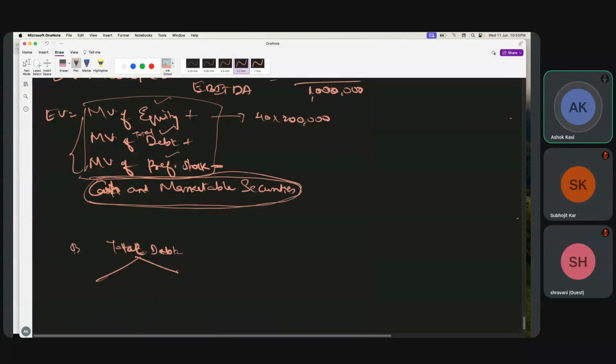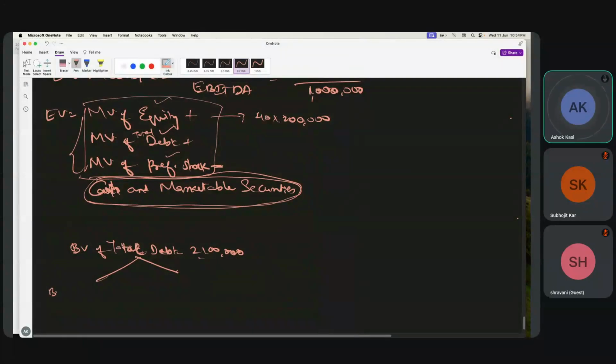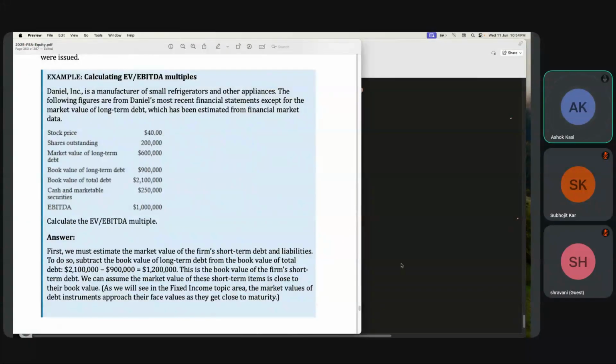Okay, so book value of total debt is 2.1 million. Out of this, book value of long-term debt is 900,000.